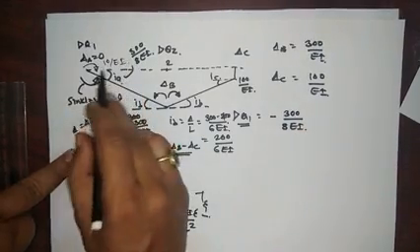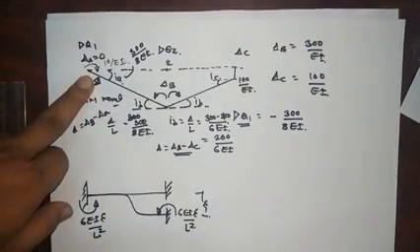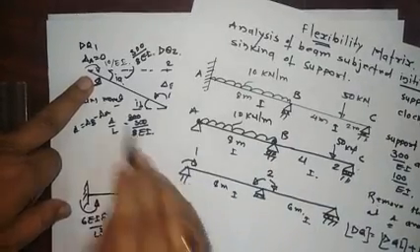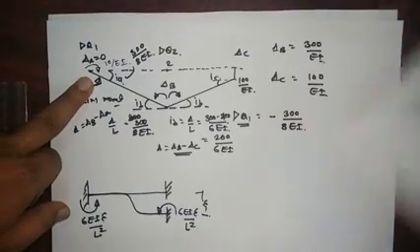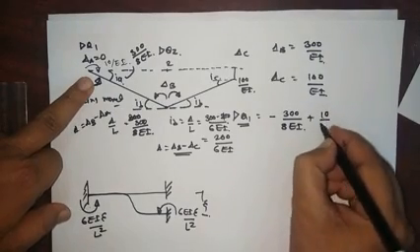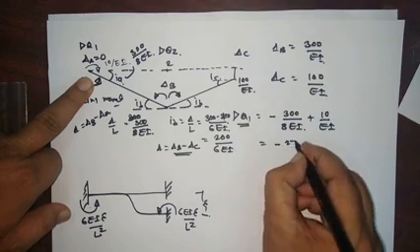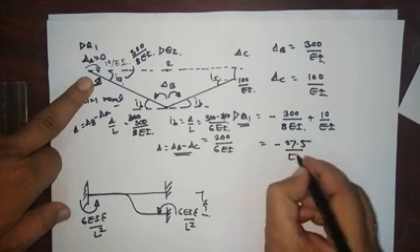And here the initial rotation is in the clockwise direction, and this is also clockwise, so that is why that value is positive, and it is 10 upon EI. So this becomes minus 27.5 divided by EI.